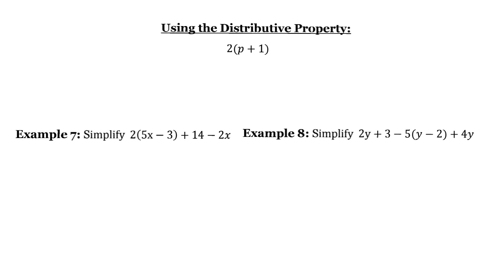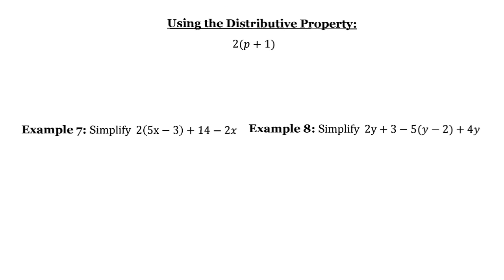We're going to be using the distributive property. We've talked about the distributive property in 1.11, vaguely. All this property tells us is that we distribute the number out front to both of the numbers in the parentheses. So we distribute this 2 to the p and that 2 to the plus 1. By distribute, we just mean to multiply.